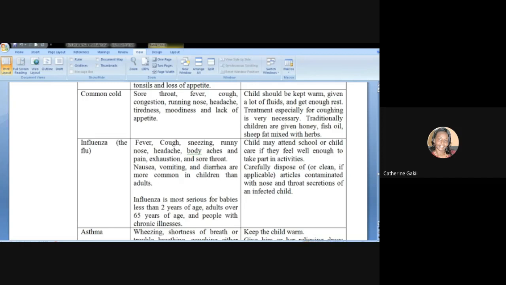Again, they will manifest in sore throat, fever, cough, and this cough is actually wet and dry. Wet cough and dry cough.